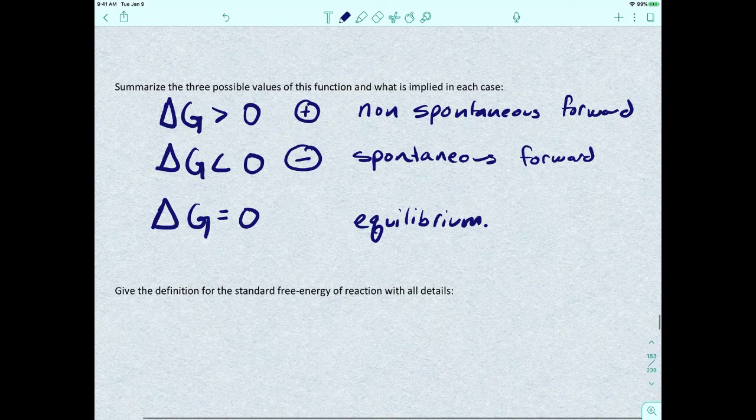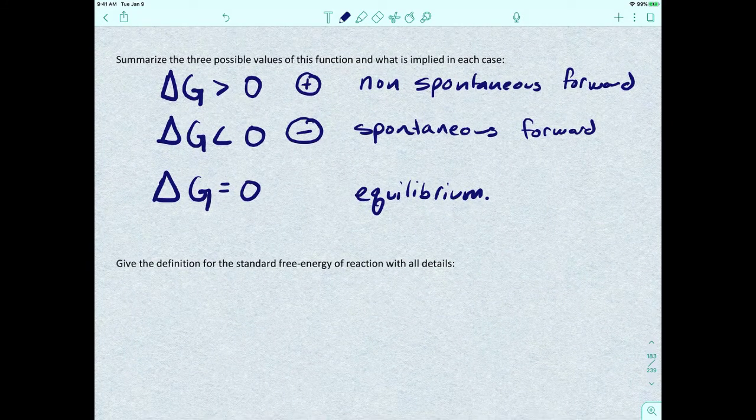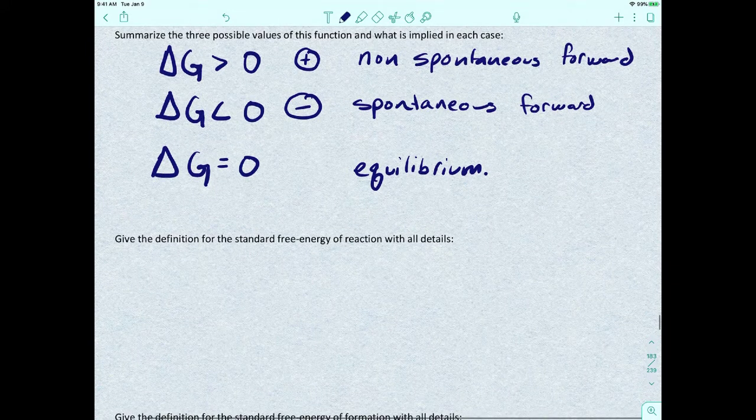All right, so now the next thing that we're saying is give the definition of the standard free energy of reaction with all the details. So let's see what we got going on here. That means we're looking at delta G naught.